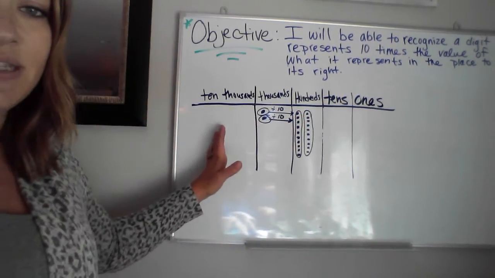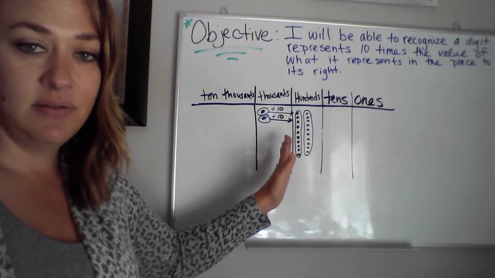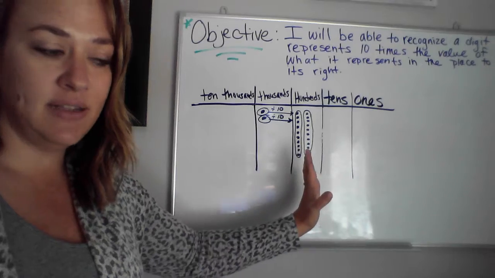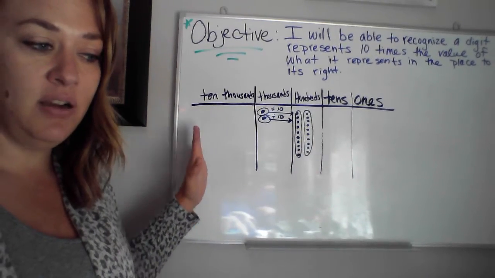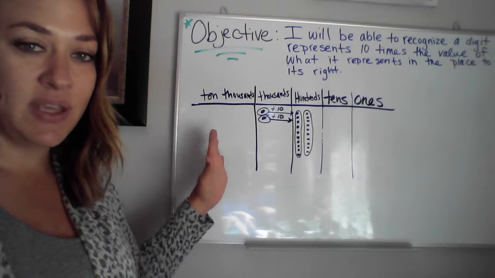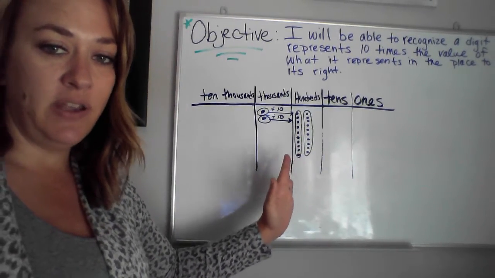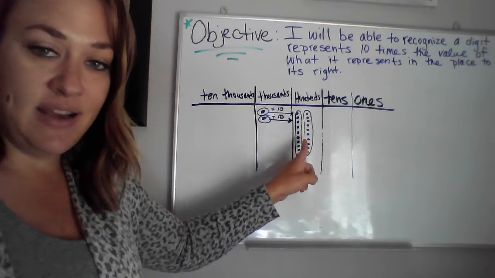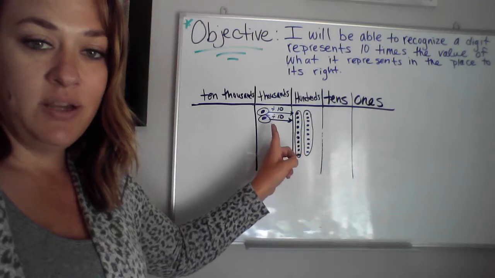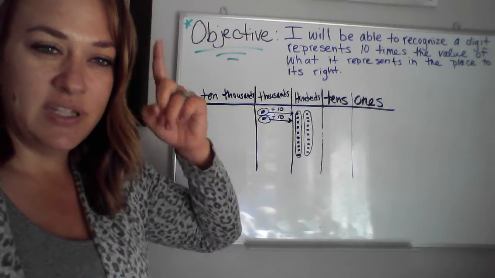Each of our thousands that we just had, we divided by 10. Moving to the right, we're dividing. Moving to the left, we are multiplying. I'm going to show you what this looks like with just digits instead of the place value disks. Just know that 1,000 is equal to 10 hundreds. Keep that in the back of your brain for this next part.